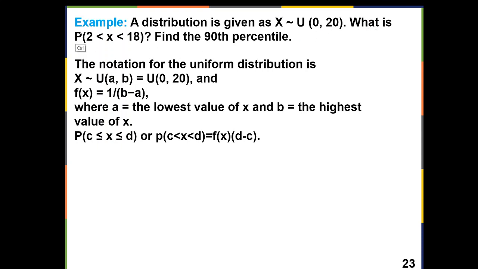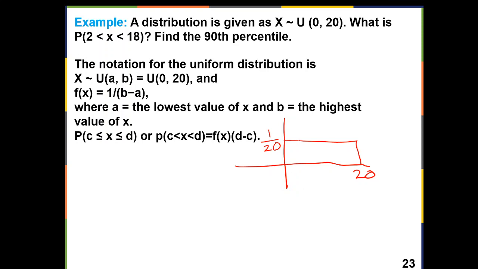It says the distribution is given as that. What is the probability of x being between 2 and 18? Find the 90th percentile. Now, first of all, right away, we know this distribution looks like numbers are from 0 to 20. So this is 20. And the height has to be 1 over 20 minus 0, which is 1 over 20. So it says find the probability that x is between 2 and 18.